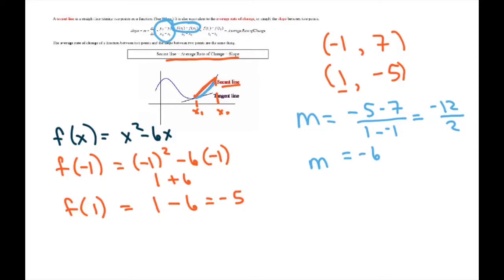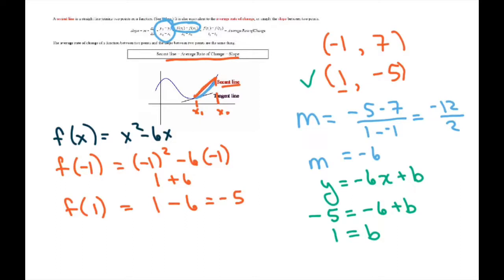Now we're going to use our slope-intercept form and find our b. Let's plug in this one. So our y is -5, our x is 1. So b, if you add 6 to both sides, it's going to be 1.